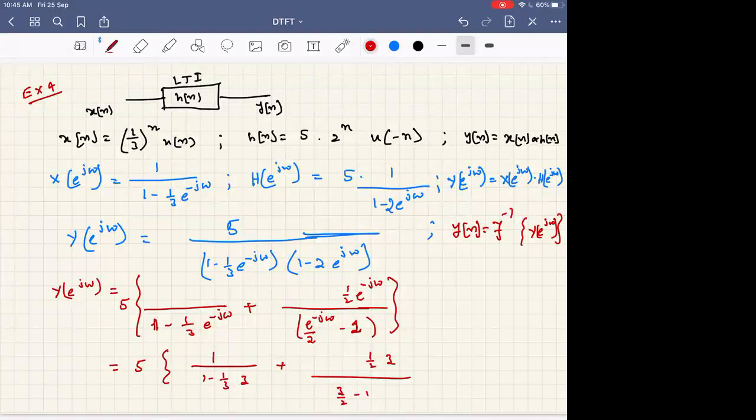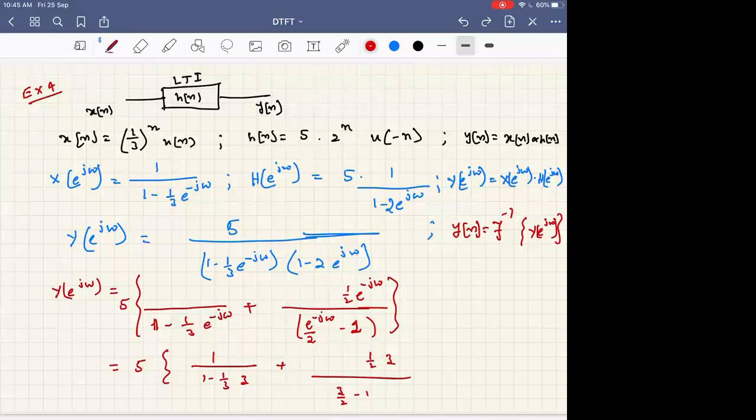Where? In this y of e power j omega, without considering the second term, only the first term, because if I consider this term, then it becomes 0. For finding partial fractions, we eliminate this and substitute.